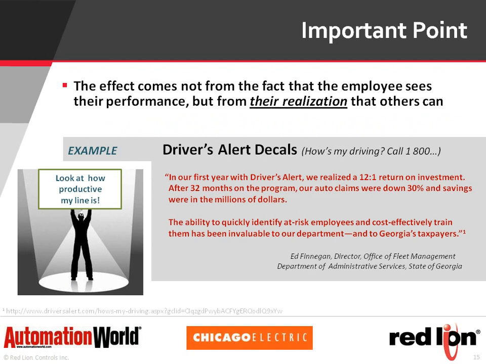Now, this is an interesting example. We've all seen those "How am I driving?" bumper stickers on the back of vehicles, and the director of fleet management for the state of Georgia said that they threw these stickers on their vehicles, called the number of drivers driving poorly, and their auto claims went down 30%, savings were in the millions of dollars, et cetera.